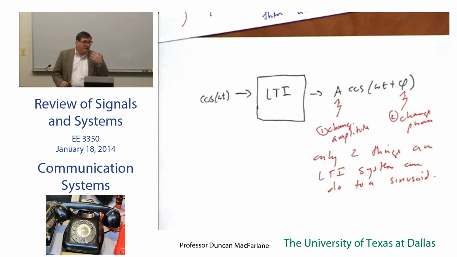The only two, and you can think about this with respect to LRC circuits, with respect to passive elements and so on. The only things that they can do is change the amplitude. Maybe they can make them bigger if you have gain in it. More likely they're going to attenuate, make them smaller. You're lucky in an LRC circuit if it leaves the frequency component alone. And it can shift the phase. It can delay it.